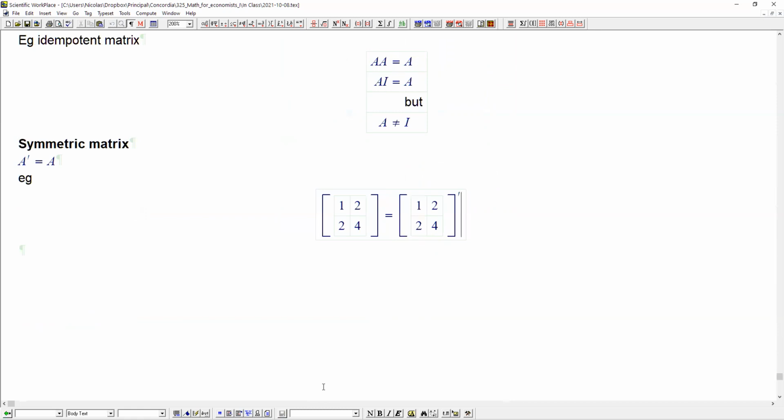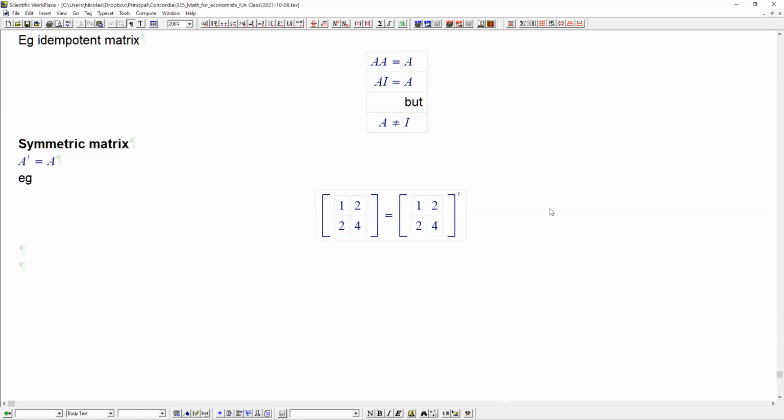That's pretty straightforward. So how do I see it? Well, I just invert every element. The element ij becomes the element ji and vice versa. And if they are all the same, then of course it means that the matrix is symmetric. And of course the diagonal elements do not change.